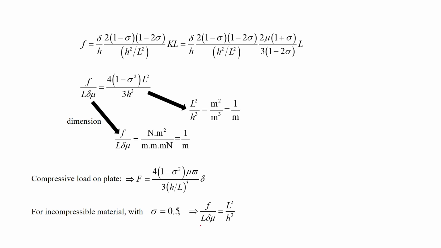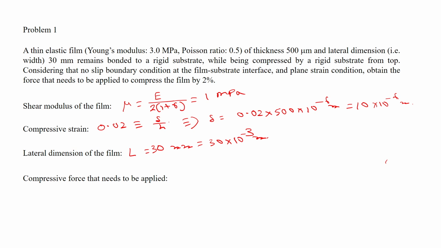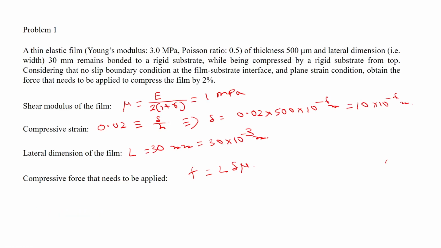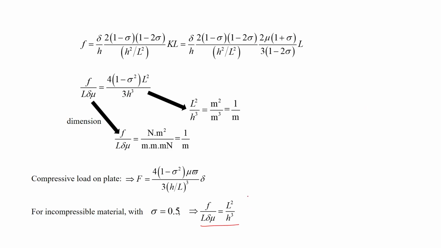So, F by L W mu, F is equal to delta into mu into L square by H cube, so let us write it as F equal to delta into mu into 1 over (H by L) whole cube.